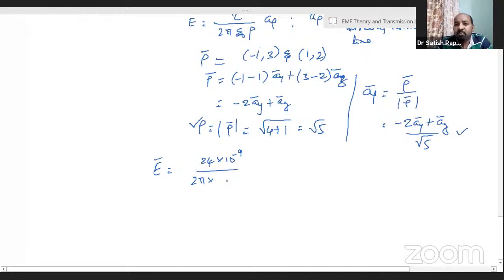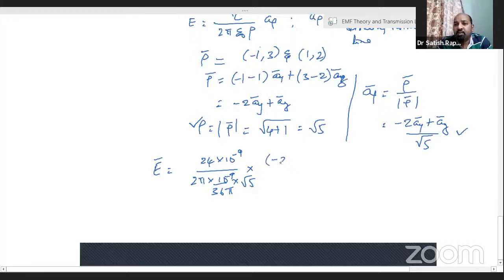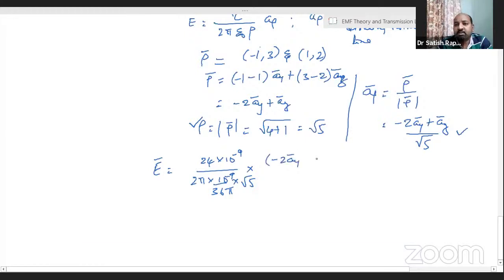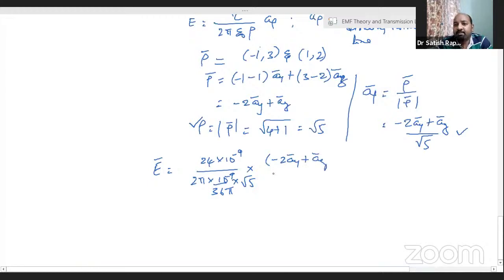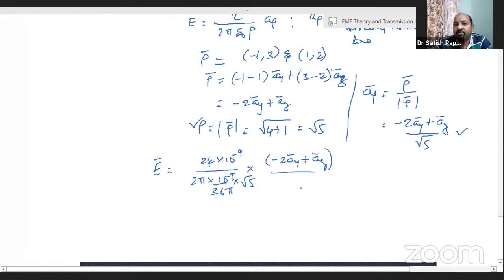Epsilon naught is 10 power minus 9 by 36 pi, into rho. Rho is root 5, into arrow bar, right? Arrow bar is minus 2 ay bar plus az bar divided by root 5, right?